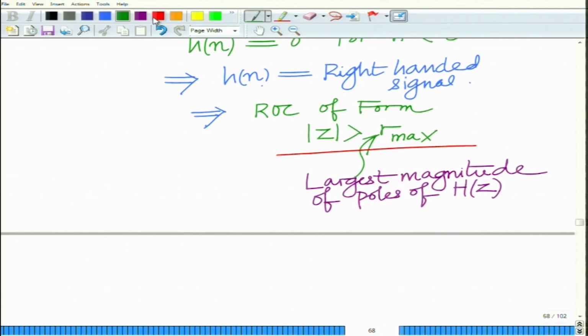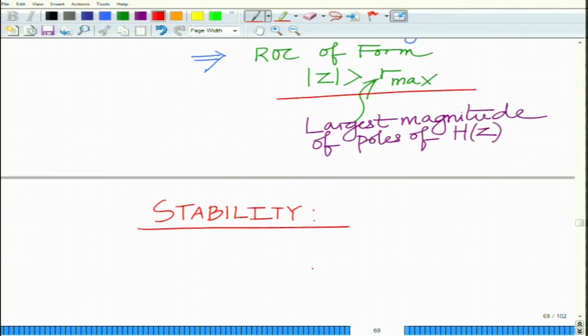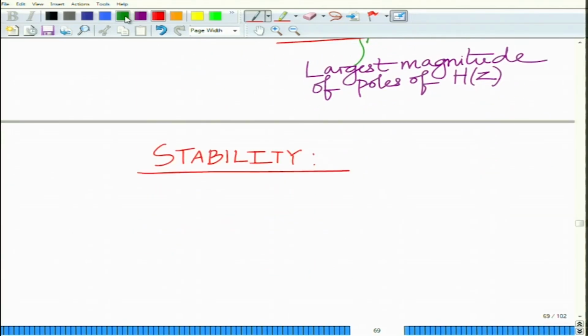Now, let us look at stability, the other important property. One of the most popular definitions of stability is BIBO stability, bounded input, bounded output stability.